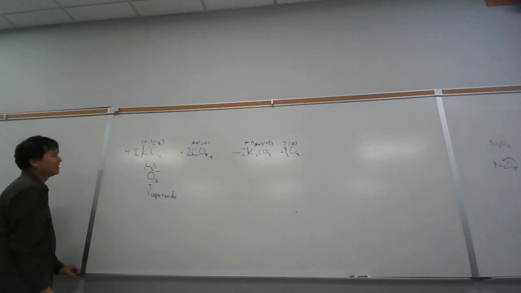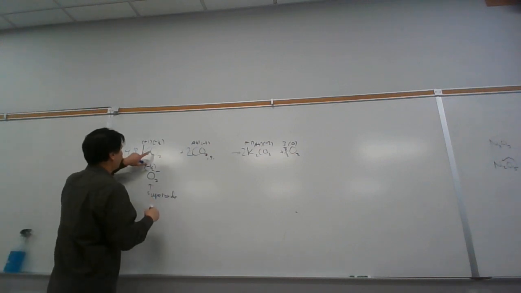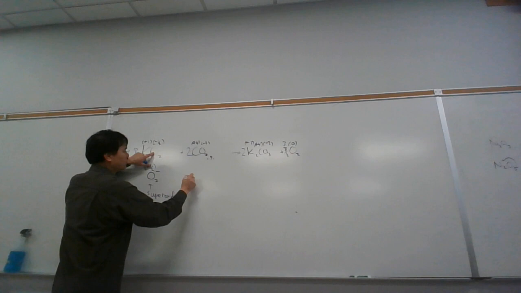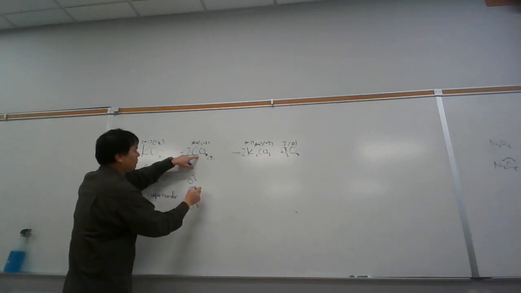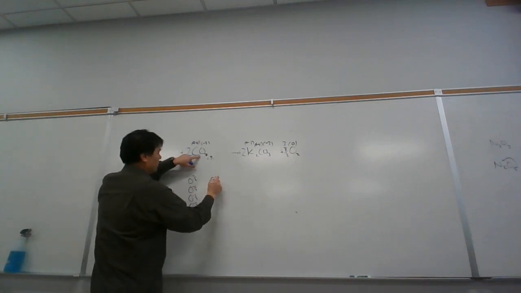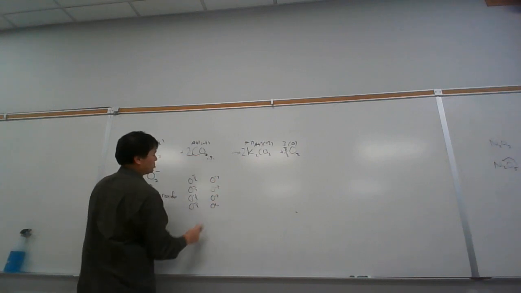So what's happening is this. I have these oxygens, 4 of them at minus 1/2. That's the average, so I'll just leave it like that. And then I have 4 of them at minus 2 in CO2.